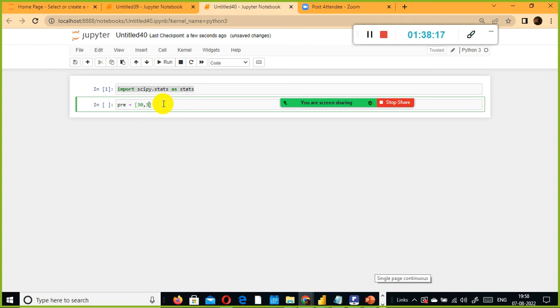I'll create some values, before exercise and after exercise, something like that. 34, 30, 28, 29 for pre, and I'm going to create another one for post.